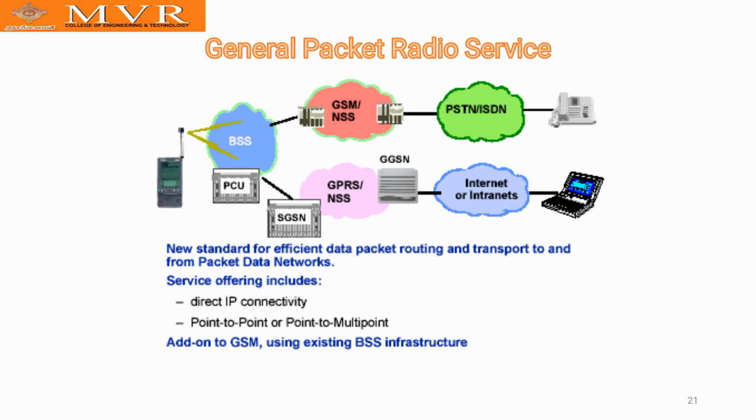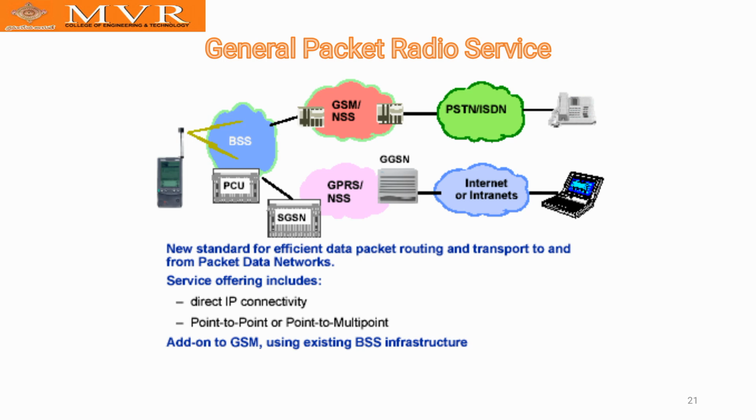In general packet radio services, this is the picture here. See, this is a mobile. This mobile transmits data by using the BSS. That BSS has the GSM and NSS. BSS means base station subsystem, and GSM means Global System for Mobile communication. NSS means network switching subsystem. The PCU and SGSN provide the signaling for the services of GPRS.